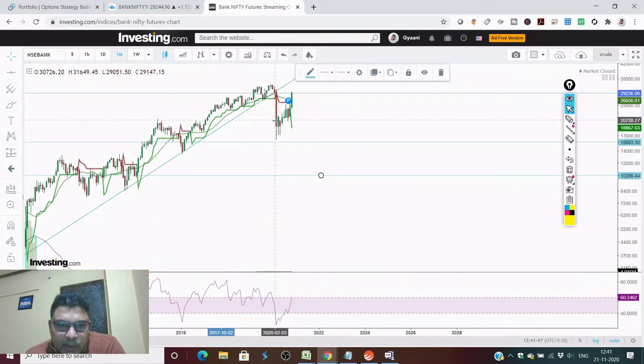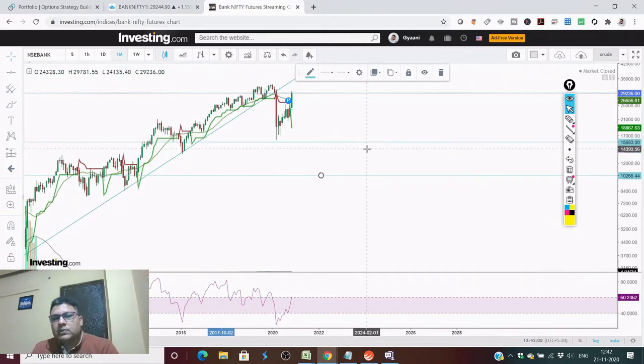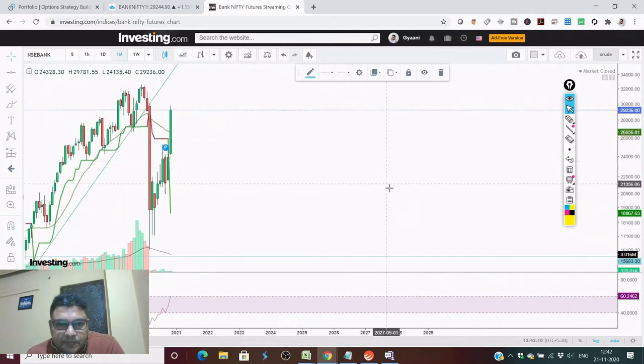The market made a low of about 16,125. Always remember a level is not an exact number, it is a zone, a complete zone. It can start from somewhere here, like you can see all these narrow range candles. It can start from here and end there. So this entire zone is a level. Always look at it that way.